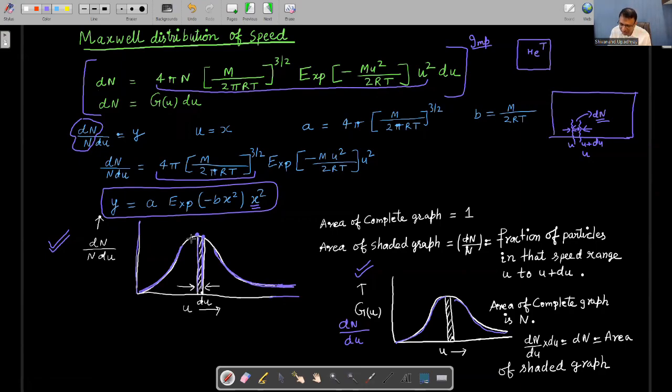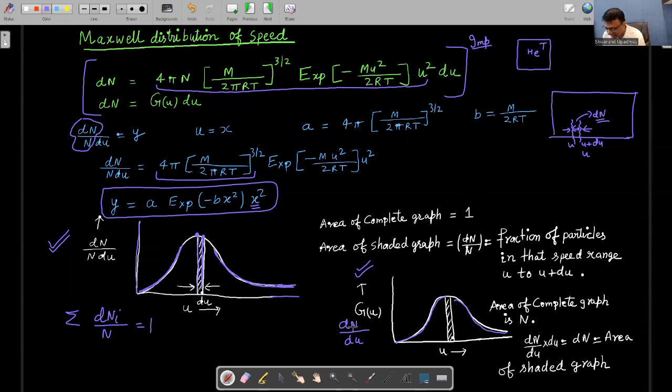This whole graph can be divided into these types of ranges. So the area of this graph is the summation of dni upon n. If I take all these ranges, the summation of dni is equal to n, so that is equal to 1. That's why, if this is the dn upon n du versus u graph, the area of the complete graph is equal to 1, and the area of the shaded part represents the fraction of particles in that speed range.